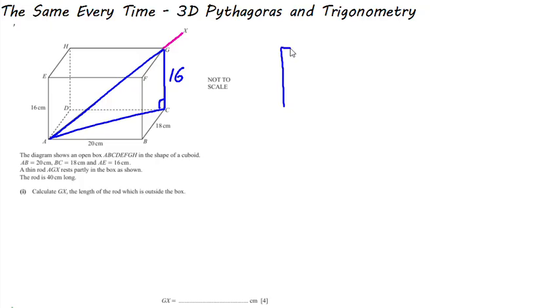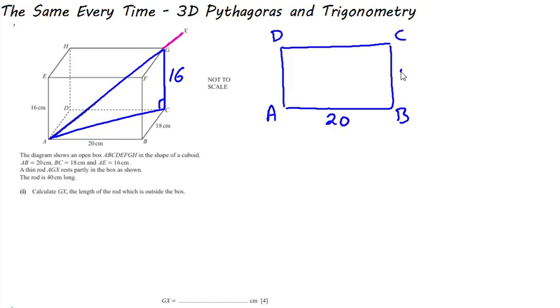Well, if you watched the last video, I said that even if you're not sure what to do in this kind of question, the first thing to do is generally a good idea to find the length of the diagonal of the base. So there's the base, looking at it from above, A, B, C, D. There's 20, there's 18, and from A to C would be there, and that would be a right angle.